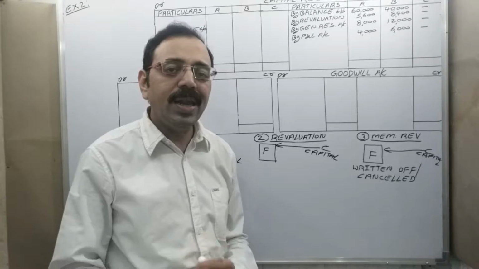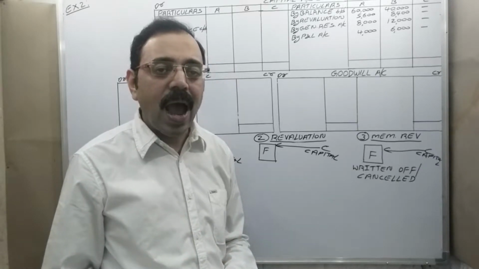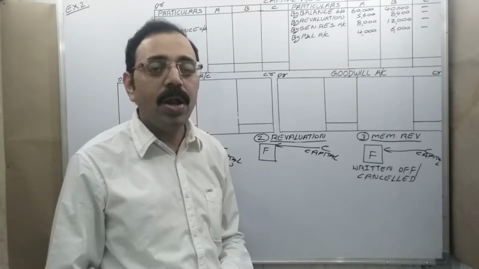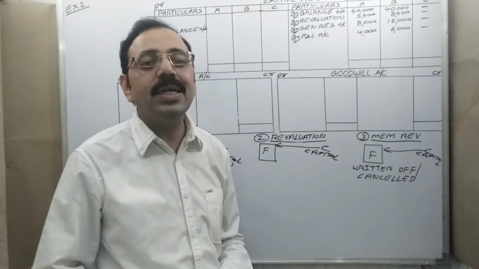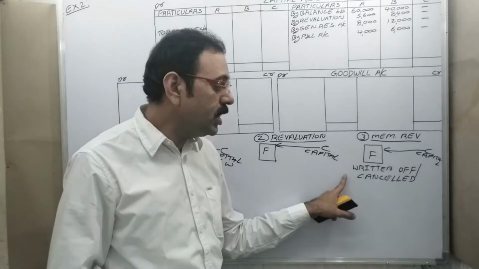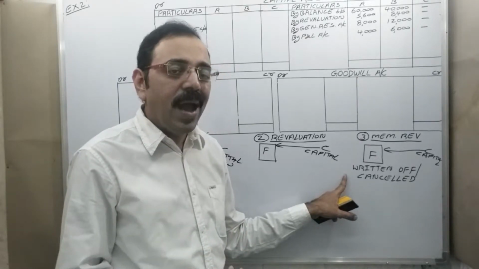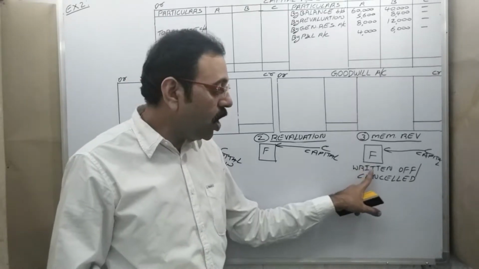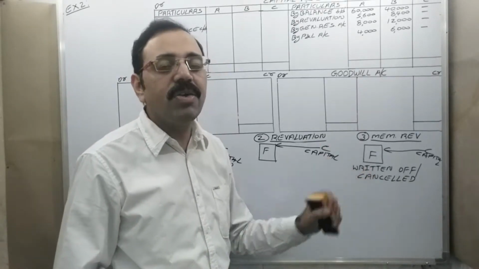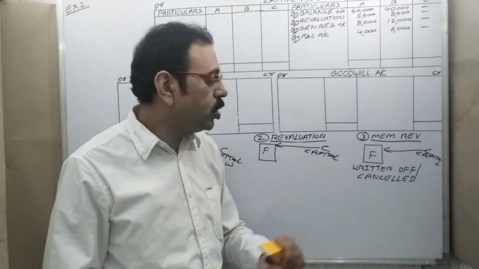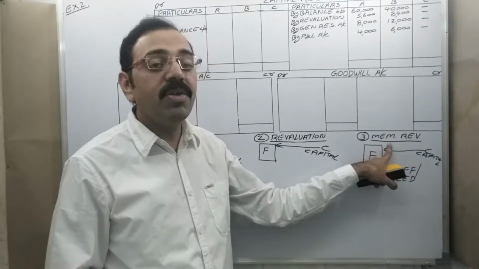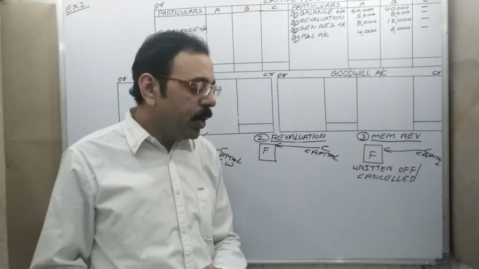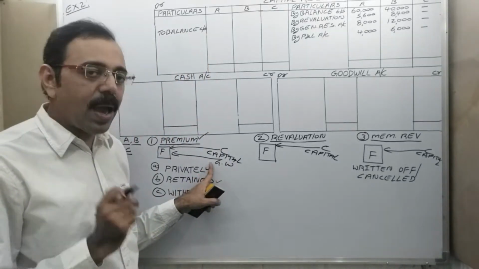Goodwill is to be created in the business and written off immediately. Or goodwill is to be cancelled. So what happened here? Goodwill is created and immediately that goodwill is to be cancelled. If written off or cancelled words are given in the question, then we should apply memorandum revaluation method.